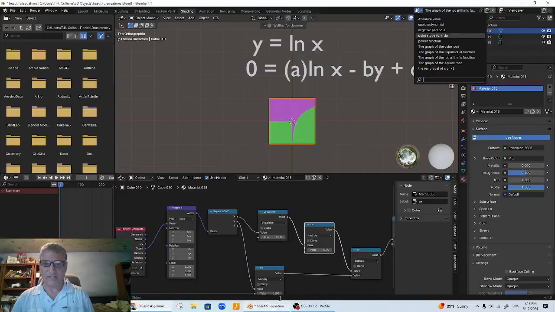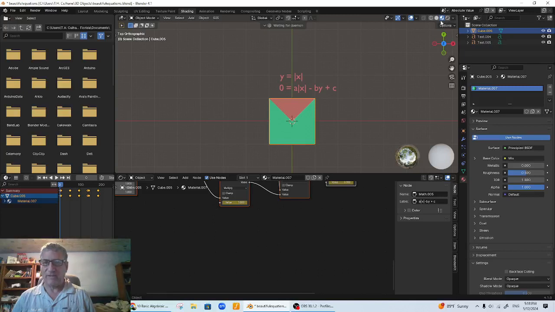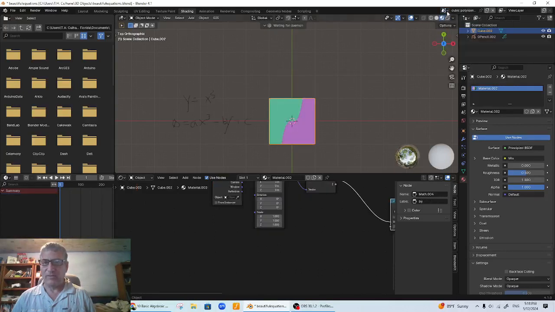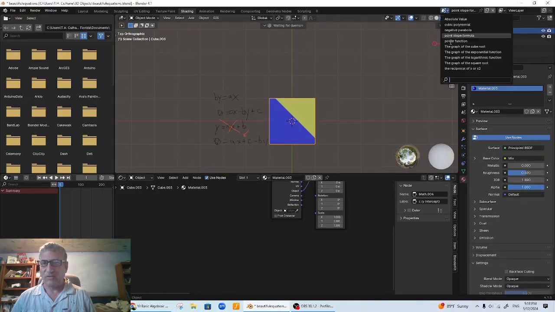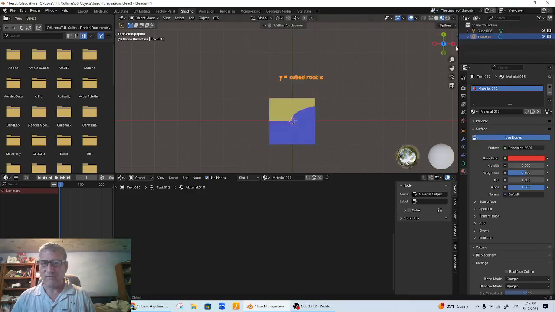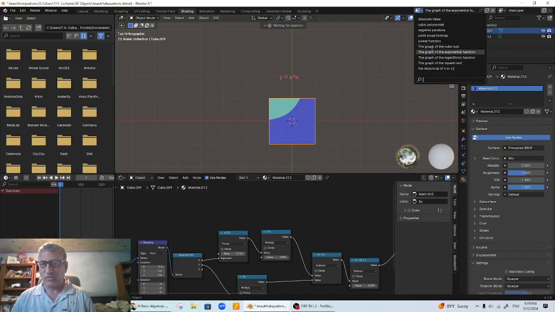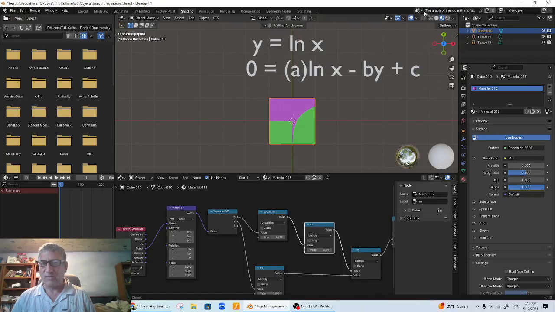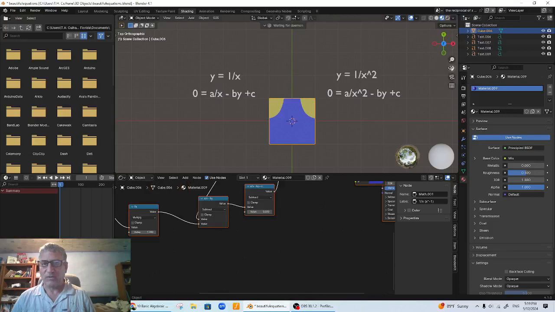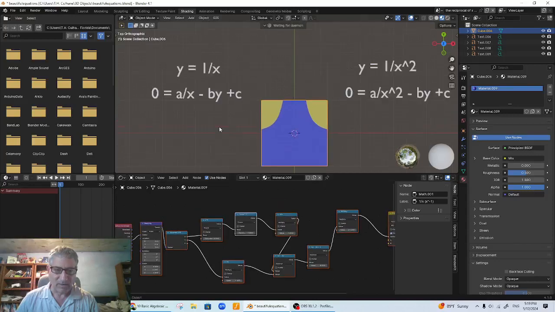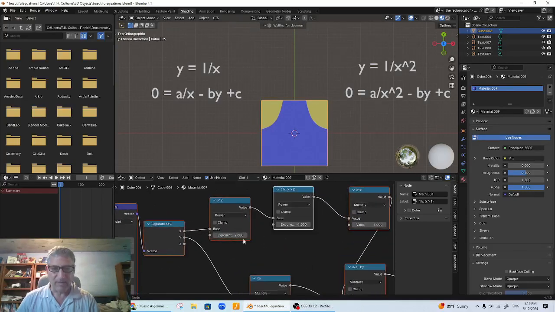We've translated them successfully into Blender from the absolute value to the cubic polynomial, to the negative parabola, to the point slope formula, to the power function, to the graph of the cube root, to the graph of the exponential function, to the graph of the logarithmic function, to the graph of the square root, to the reciprocal of x or x squared, depending on what we change in our graph over here. If the exponent is 1, then we get that.